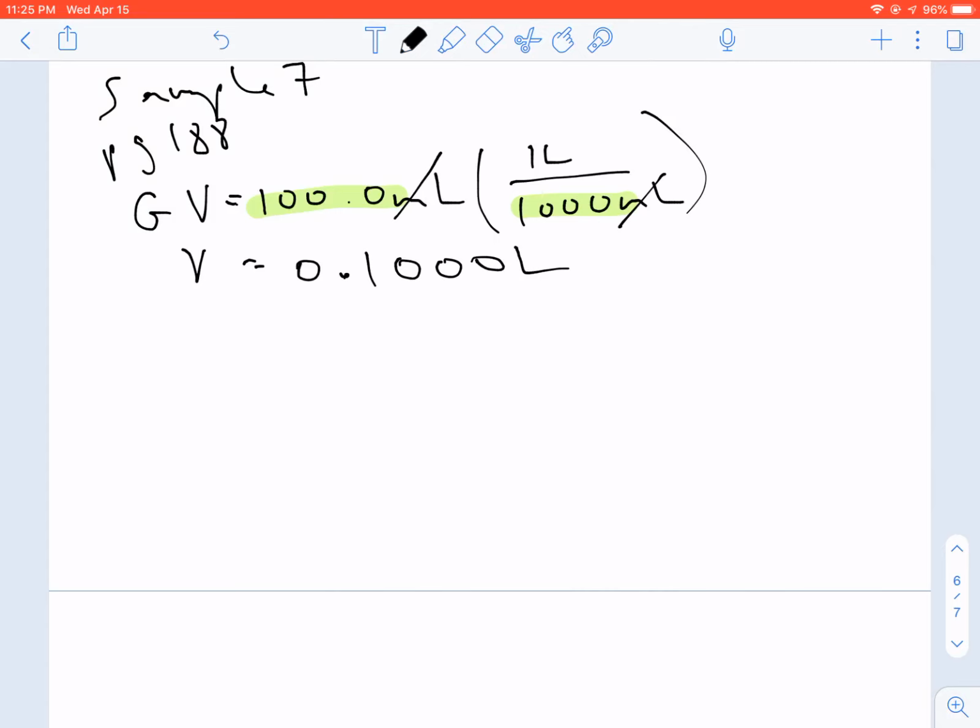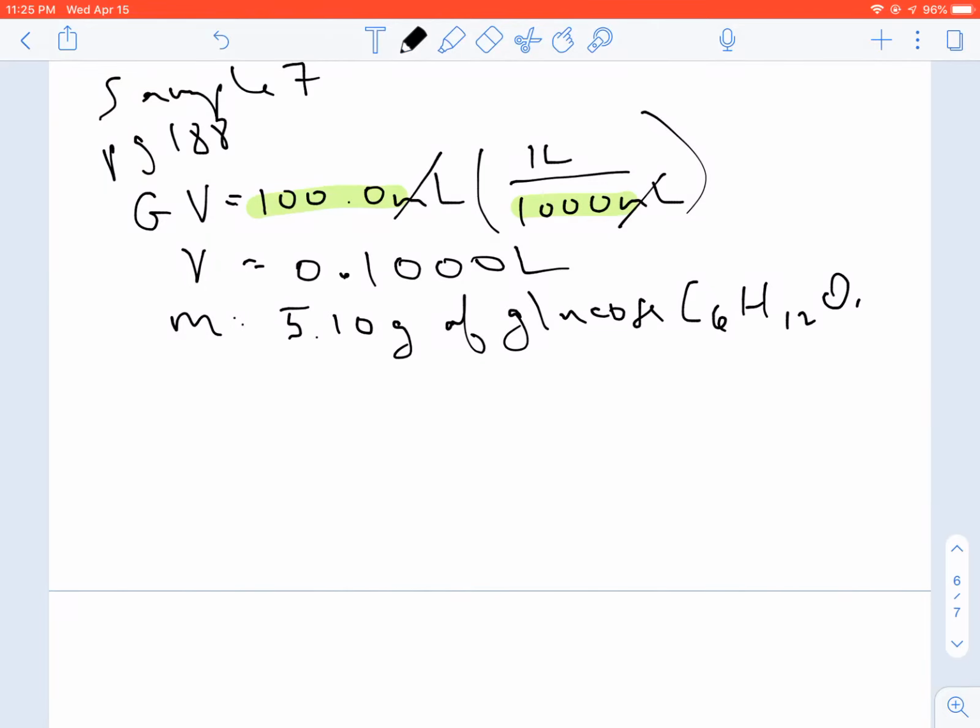I'm also given the fact that there is 5.10 grams of the chemical glucose, which is going to be dissolved in that 100 milliliters. And we're told that glucose is C6H12O6. And it gives me one more piece of information in the question, and it won't usually, but it does for this question.